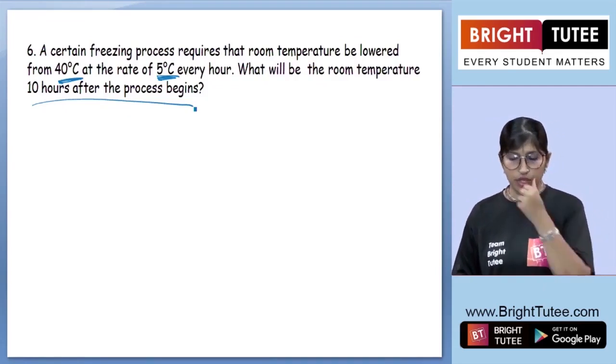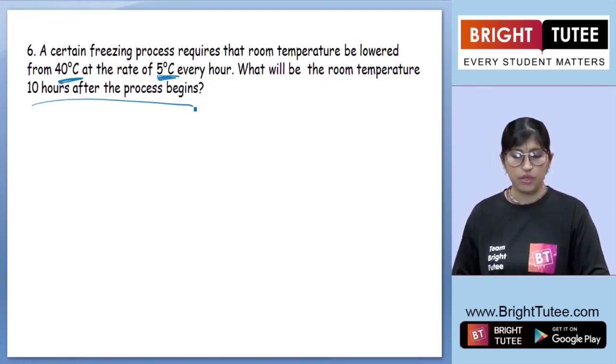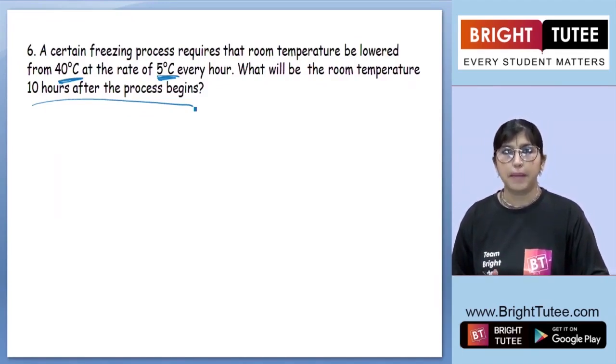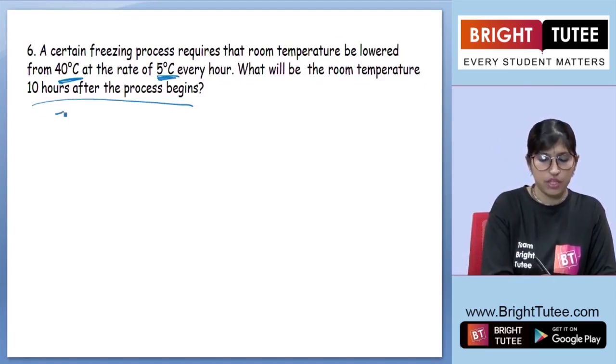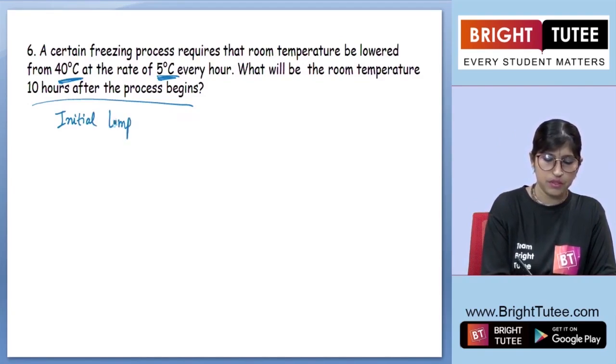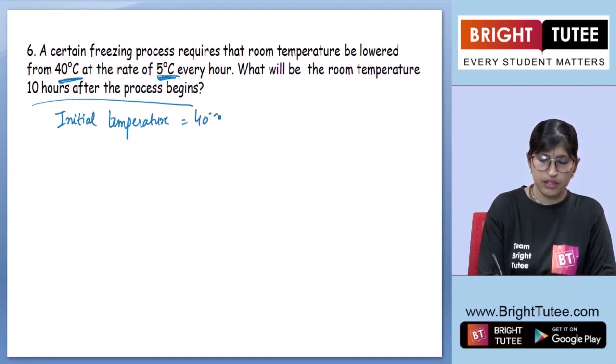Now we need to find what will be the room temperature 10 hours after the process begins. So what can we do? Let's write down the initial temperature, which is 40 degrees Celsius.